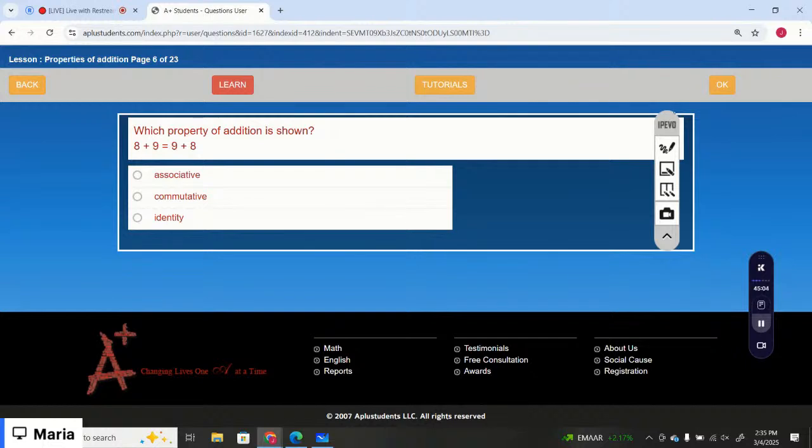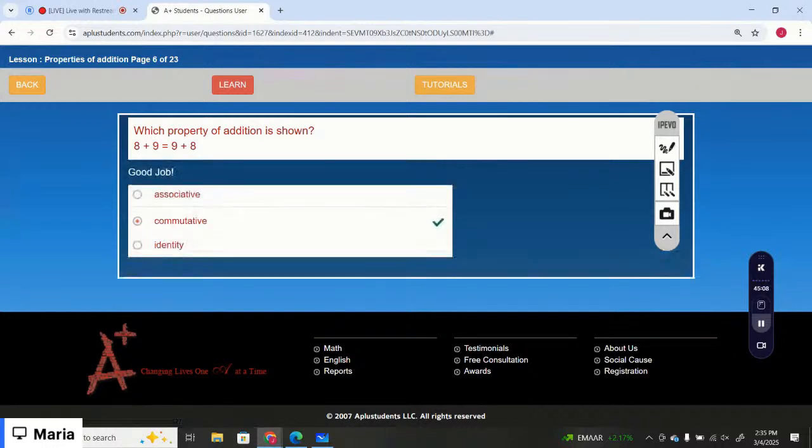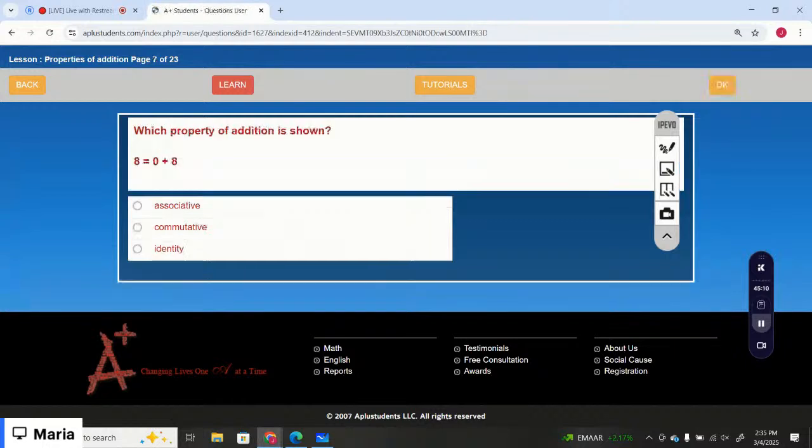That is commutative property. Option number two is the correct option. Which property of addition is shown? 8 equals 0 plus 8.